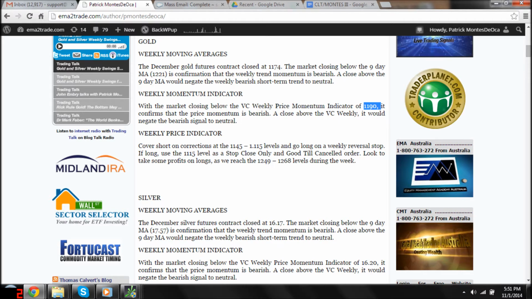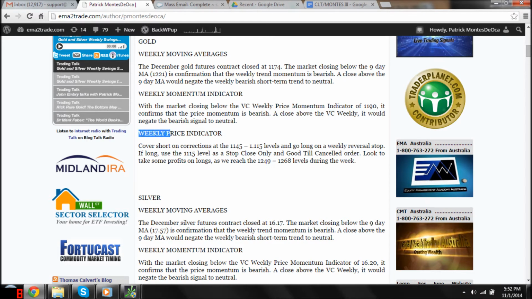But a close above 1190 would negate the bearish signal to neutral. So this is telling you, although it is bearish, that if the market was to close above 1190, it would negate this bearish signal to neutral. And the way that we basically follow these algorithms is always from a neutral position.